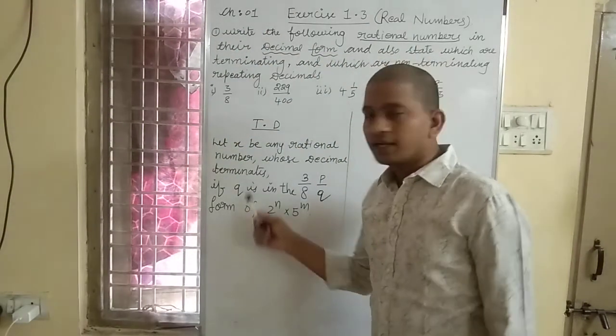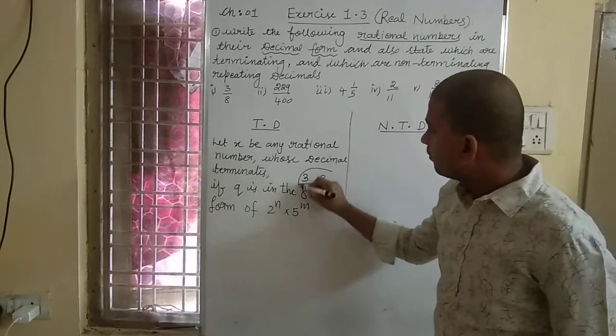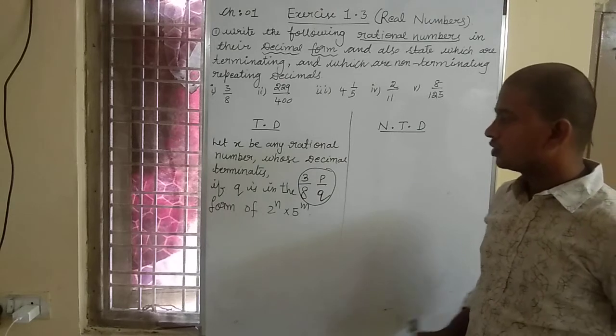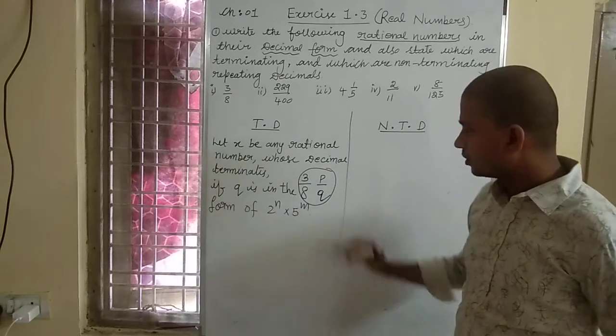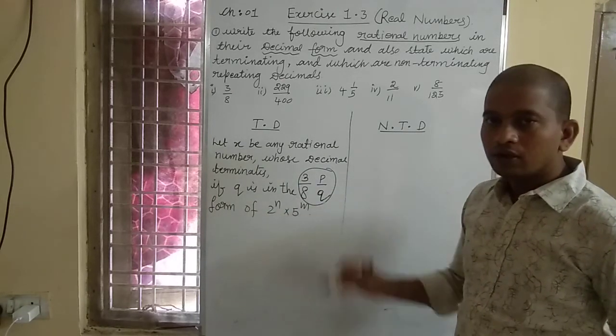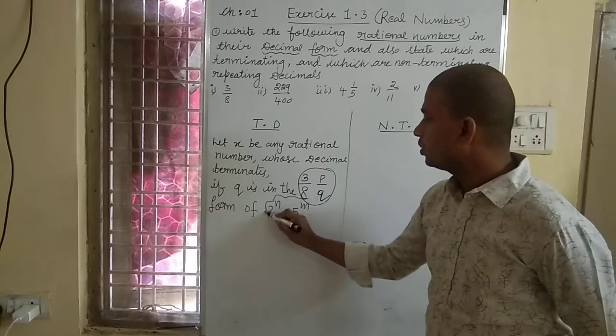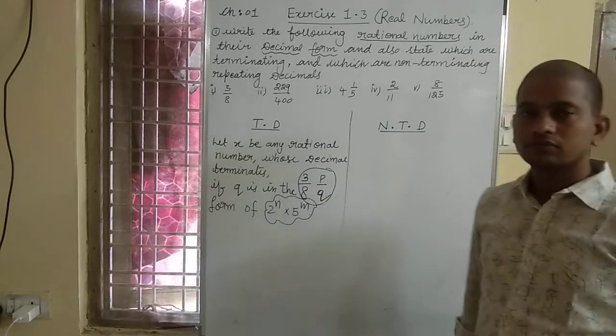When we say that a given rational number is a terminating decimal, its denominator is in the form of 2 power n into 5 power m.